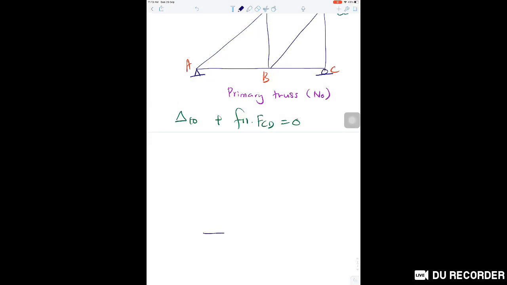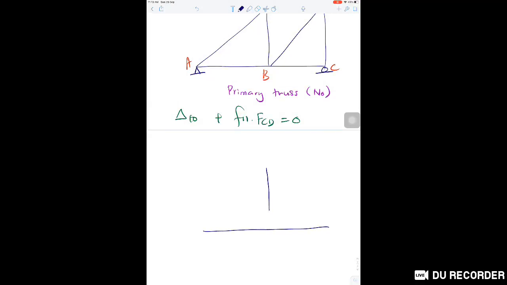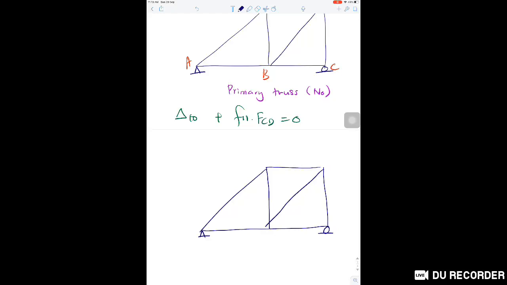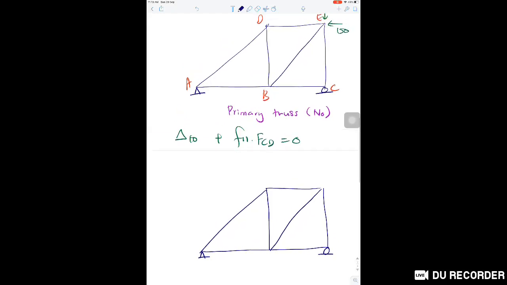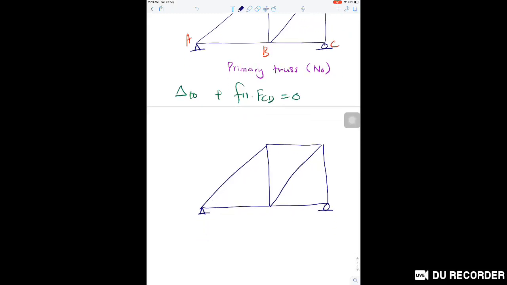Remember, for the redundant truss we will have to analyze the same truss with the same support, but this time the truss is now subjected to a unit value of redundant.